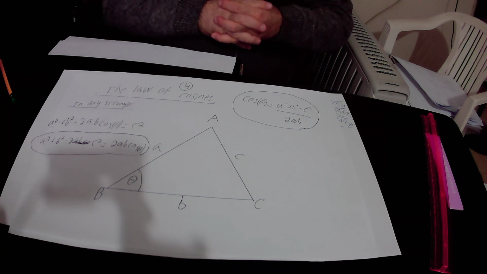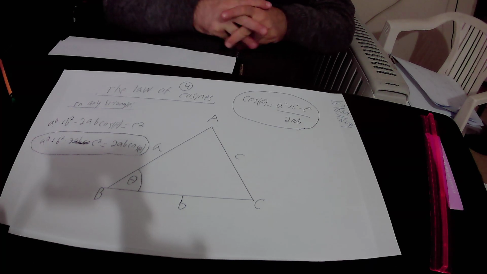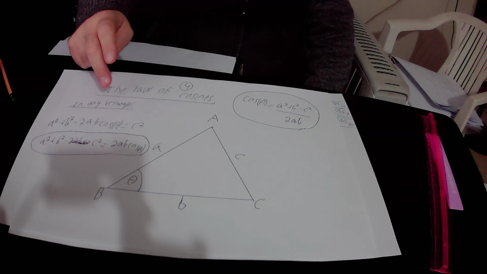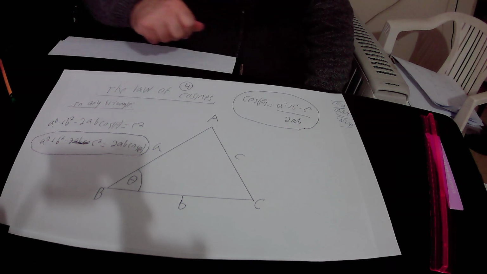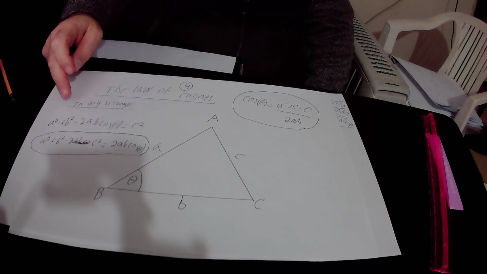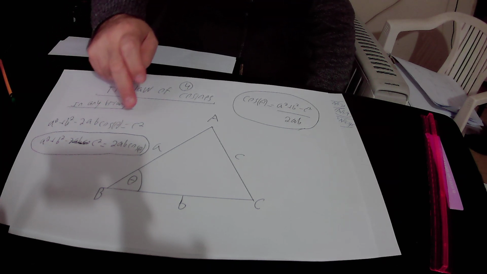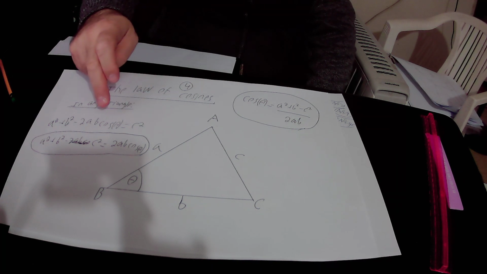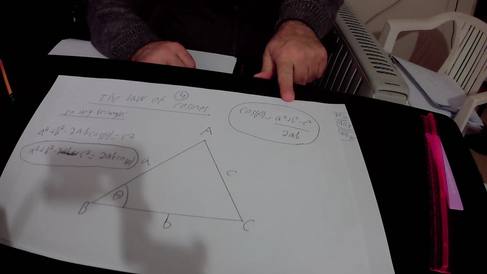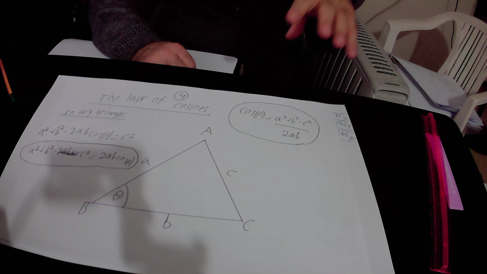Then, according to the law of cosines, a squared plus b squared minus 2ab cosine theta equals c squared. We subtracted c squared and added 2ab cosine theta to this equation, and we got that a squared plus b squared minus c squared equals 2ab cosine theta. We divided this equation by 2ab, and we got that cosine theta equals a squared plus b squared minus c squared over 2ab. So in any triangle, this equation is true.